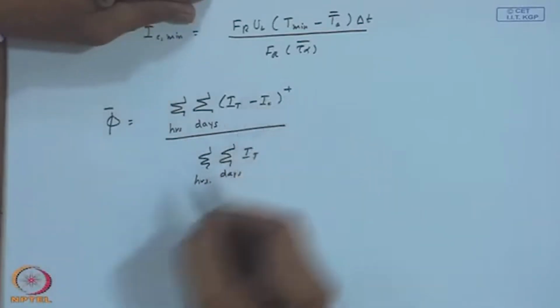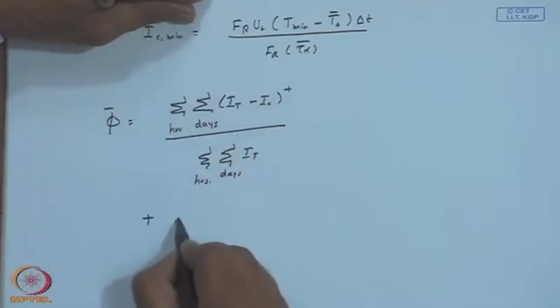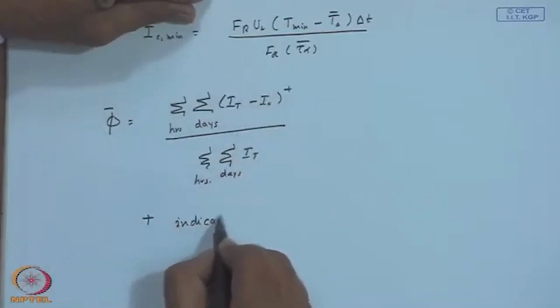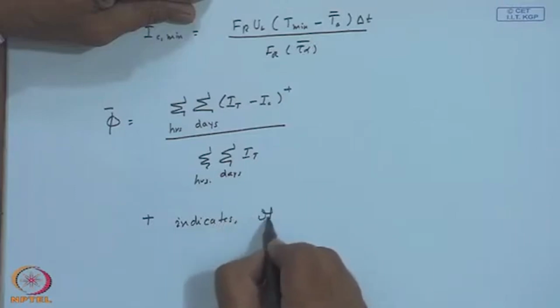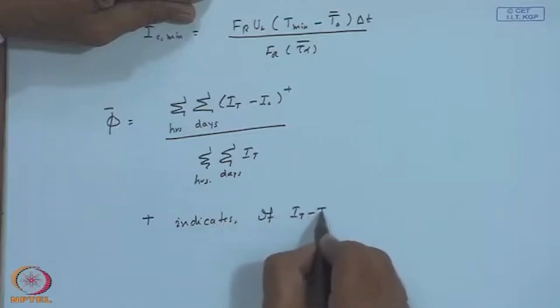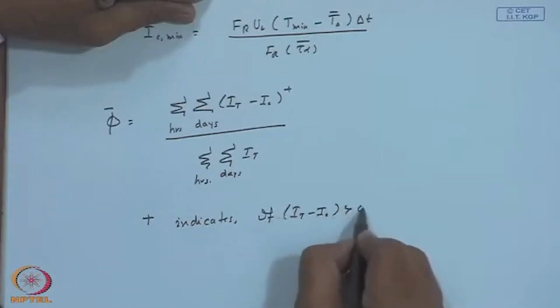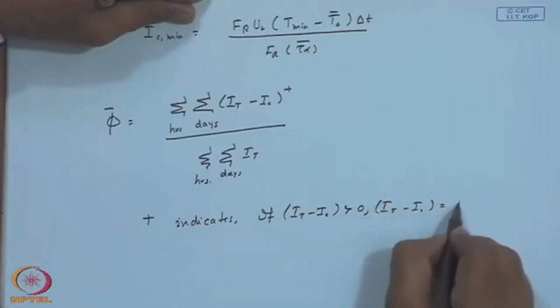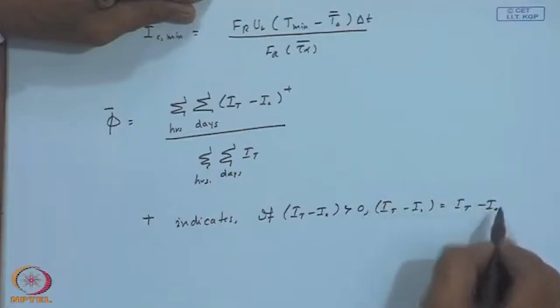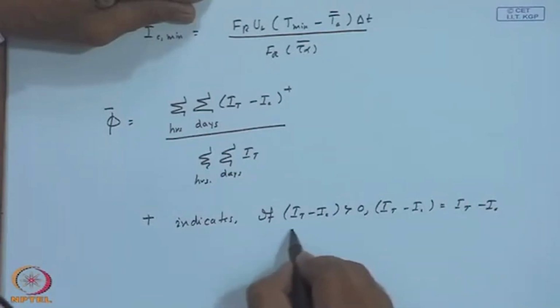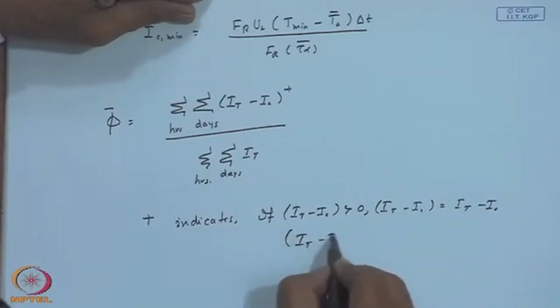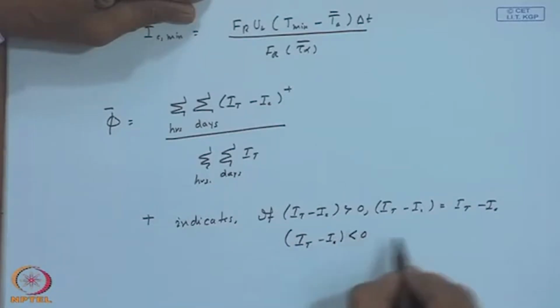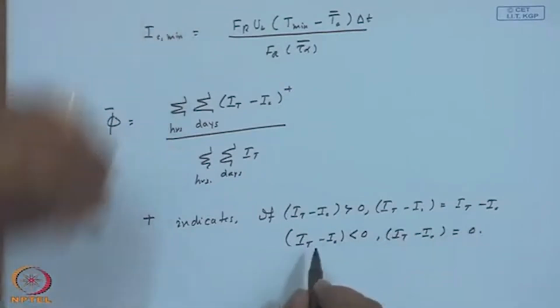That means, if I t minus I c is greater than 0, it equals I t minus I c, and if I t minus I c is negative, it is set as 0.